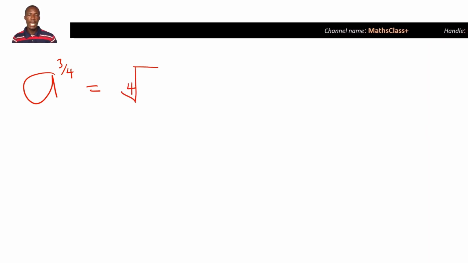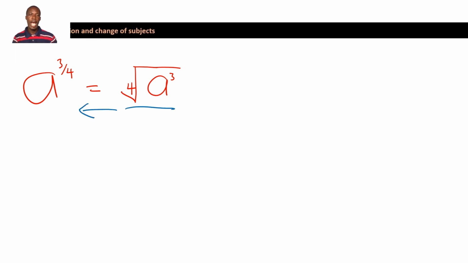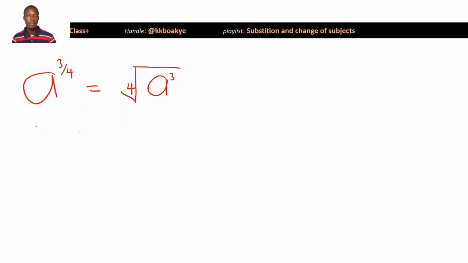And then the numerator will be the exponent of the variable in question. So this is how we reverse it. When it was like this, we changed it to this. Now we have this, so we are changing it to this. All this I'm doing for you to get the picture clearer, so that in whatever form it comes, you will not find yourself fumbling.